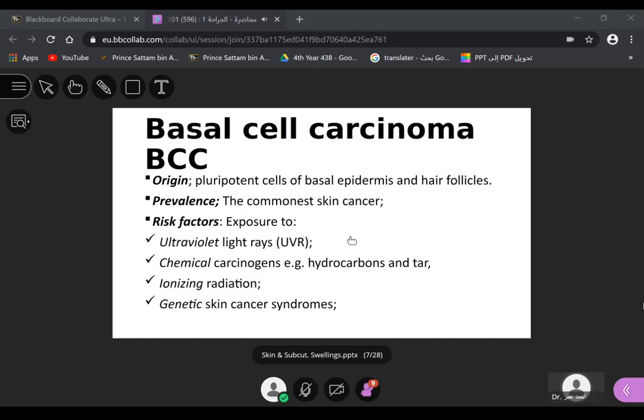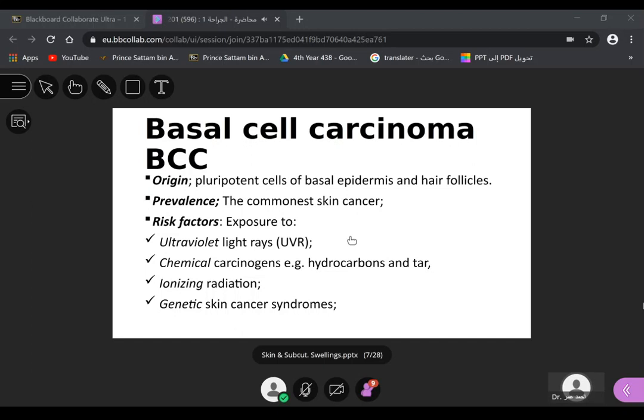So, fair skinned people who expose themselves, for example, to sun patches on beaches, or who work in areas in which they are exposed to the sun for long times, are subjected to development of basal cell carcinoma. So it's common in fair skinned people who work, as I mentioned, for long times exposed to the sun.